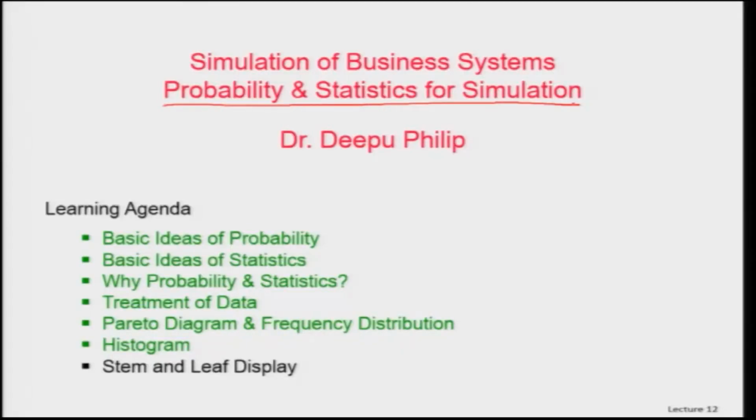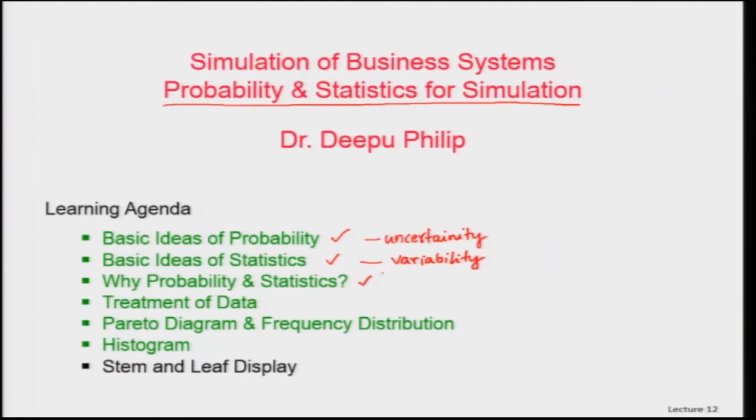That was the lecture that we were going through. We have already covered the basic ideas of probability, why probability and uncertainty. Then we talked about the basic idea of statistics, the concept of variability, and why statistics is necessary to deal with variability.